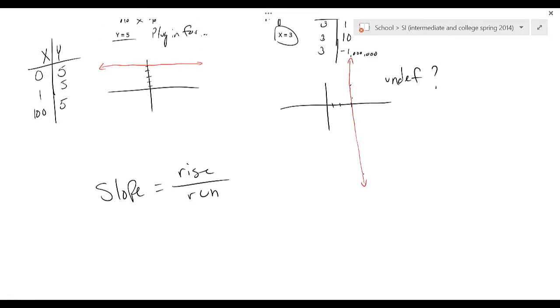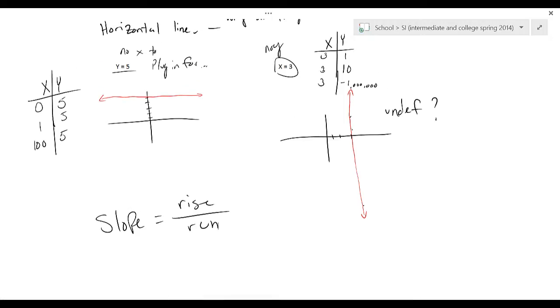Let's take a look at our horizontal line. Let's use blue. I'm looking for a rise, which is really just whether or not the line is going up or down. I'm going to trace the line. I don't see it going up or down anywhere. It's not rising or falling. It's just constant, so the rise is 0.